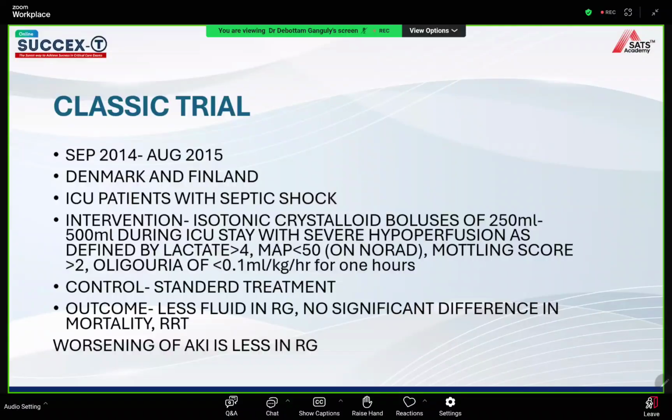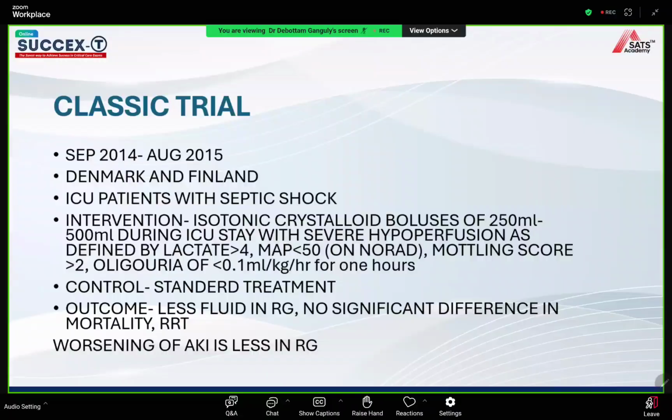So what is the indicator of severe hypoperfusion? Lactate level more than 4, MAP less than 50 even on noradrenaline support, mottling score more than 2, oliguria of less than 0.1 ml per kg per hour for 1 hour. So they gave isotonic crystalloid bolus of 250 to 500 ml during ICU stay.